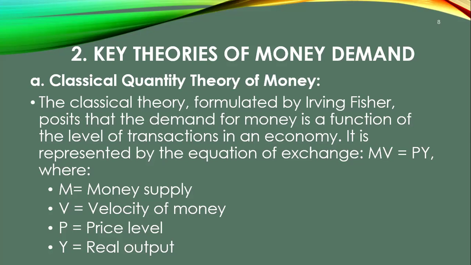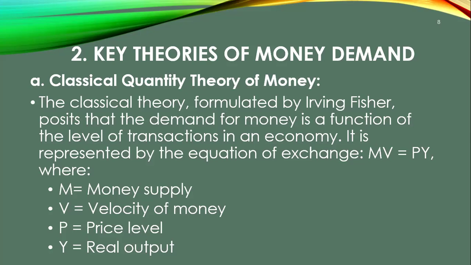So in other words, we are trying to look at how people demand money. In most cases, what does it mean? Where there is a high exchange of money from one hand to another, that is, in terms of transactions, where there are high levels of transactions, the supply of money is extremely high.